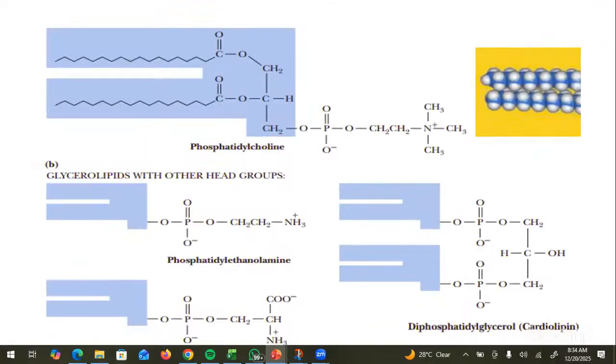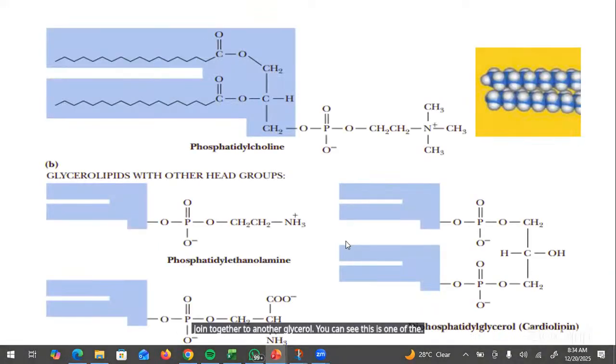The cardiolipin now is 2 glycerols. Two phosphatidic acids joined together to another glycerol. You can see this is the fatty acid.